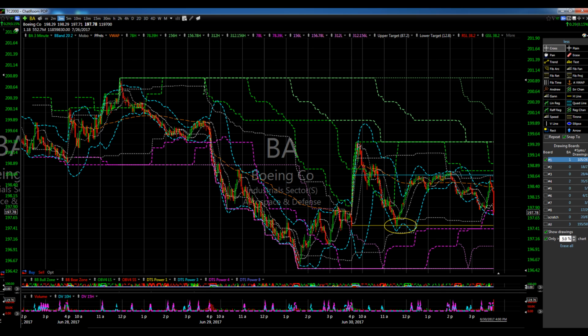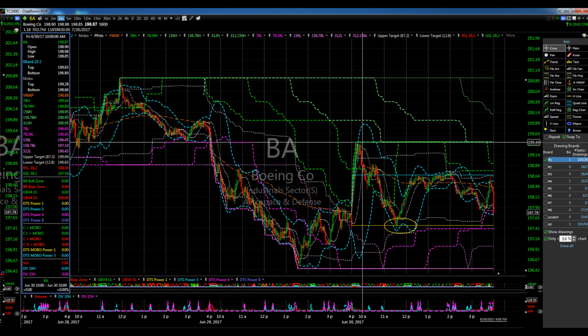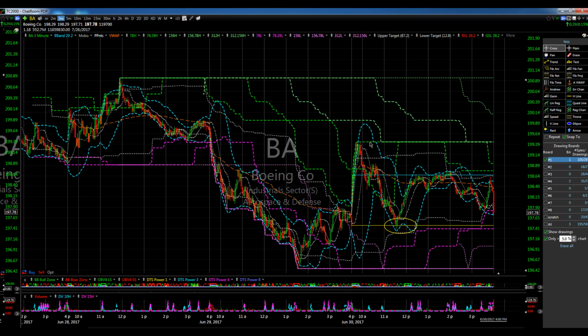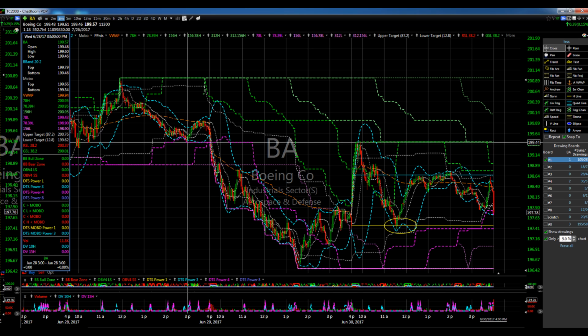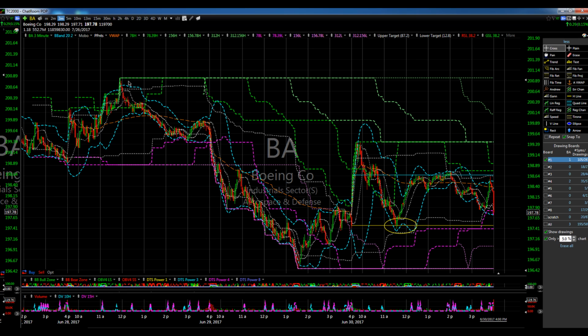And like I said, this is very short term, a 3-minute chart. But when it hit this old high right here, 199.44 was what the high was on these candles when this stock had sold off 2 days prior.